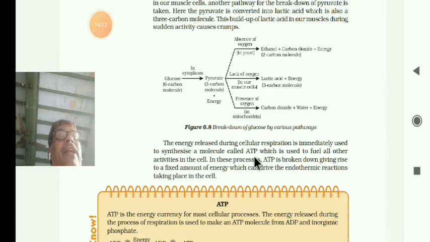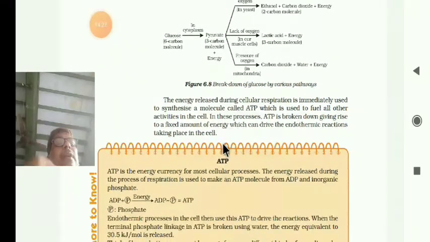This ATP is broken down, giving rise to a fixed amount of energy which can drive the endothermic reactions taking place.